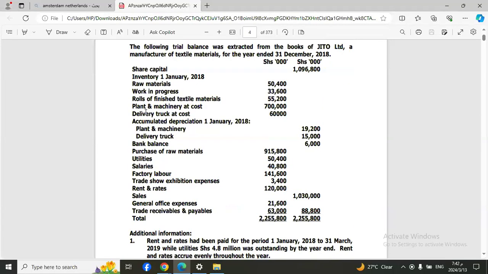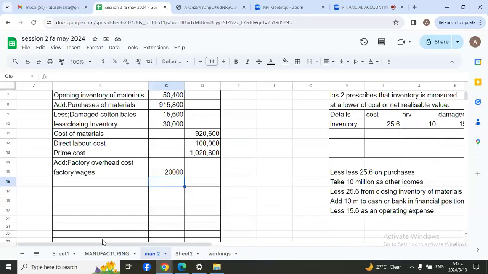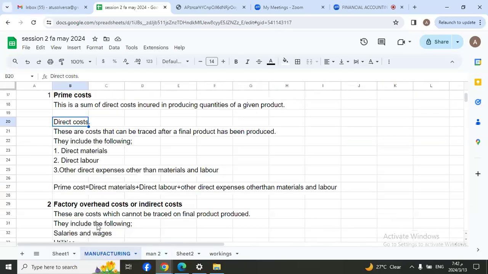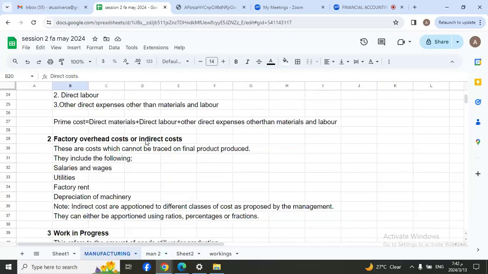You come and check. When you still check, you see here I have plant and machinery at cost. But remember, when I was explaining to you, I told you some of the items here of factory overhead costs.